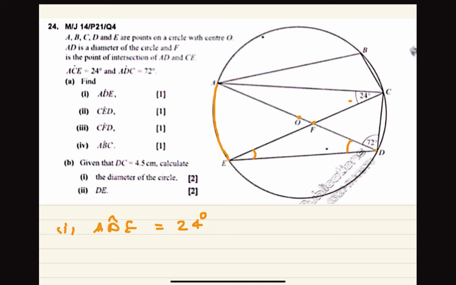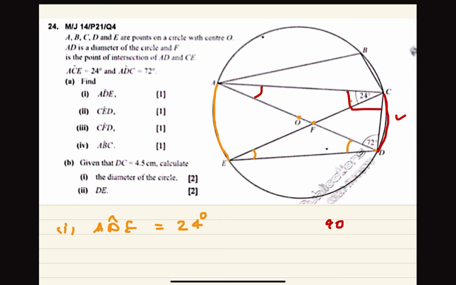CED is subtended by this arc. Do you see any other angle that you can easily find which equals this angle? Of course, this angle is subtended by the same arc. Can you find this angle? The answer is yes, because AD is a diameter, that makes this 90 degrees.